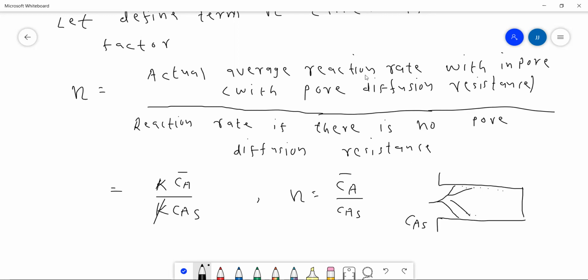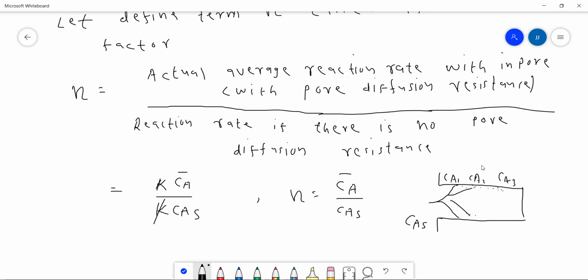That's why we have taken the actual average reaction rate. Somewhere here it is CA1, CA2, somewhere here CA3, and definitely the concentration is reduced along the length of the pore. So the rate of reaction at different locations is different due to the change in concentration.